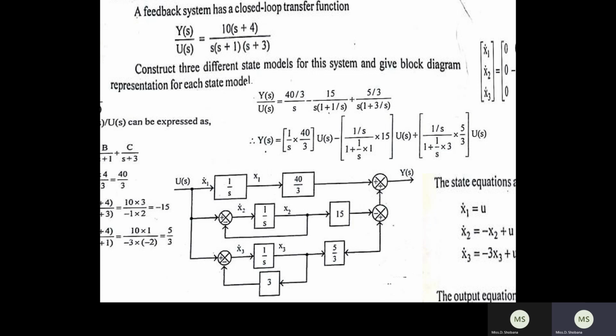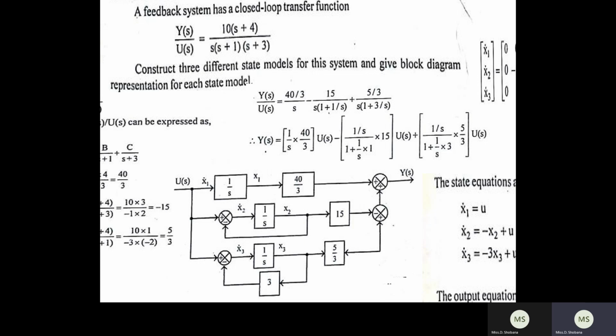Substitute that into y of s: a is 40 divided by 3 divided by s, and the b value is minus 15, and similarly s into 1 plus 1 divided by s. Here the denominator has gone out, and if you take 3 outside you will get the result.